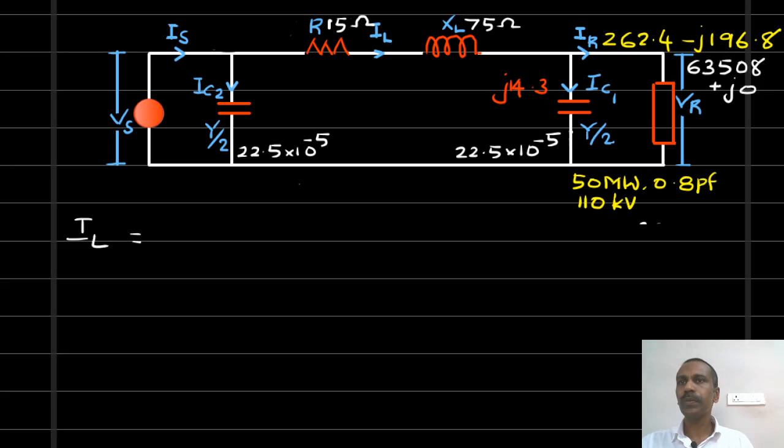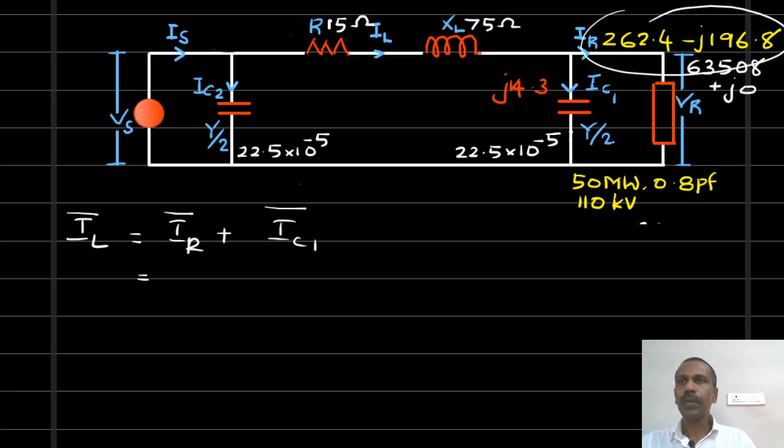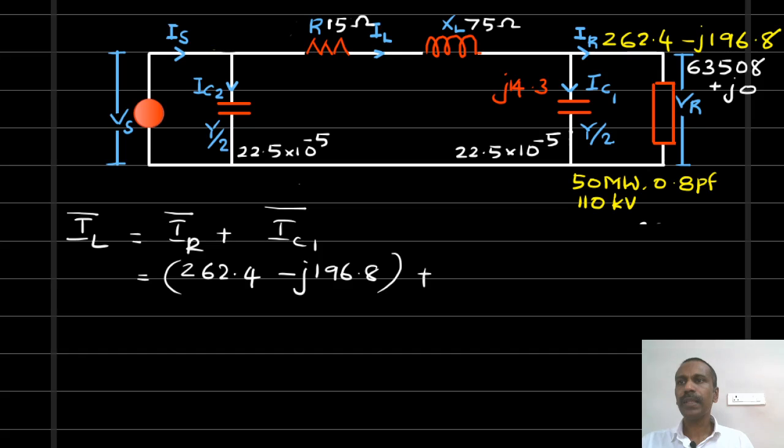IL is equal to IR plus IC1. That is equal to 262.4 minus J 196.8 plus IC1.